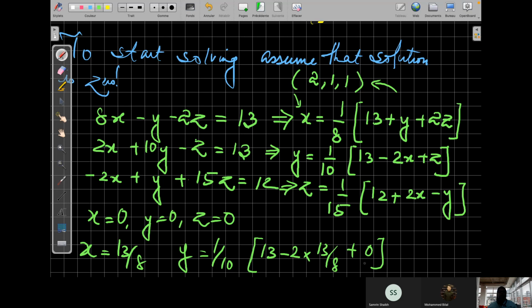So you are getting a new value of y. This is the newer value of y, and you are going to use the older value of z for the newer value of x. Similarly, if I do the z, I'm going to substitute the new value of y into this particular equation and get the recent value of z.